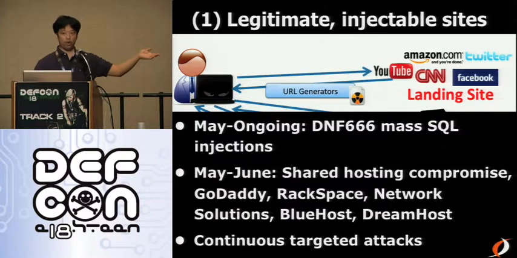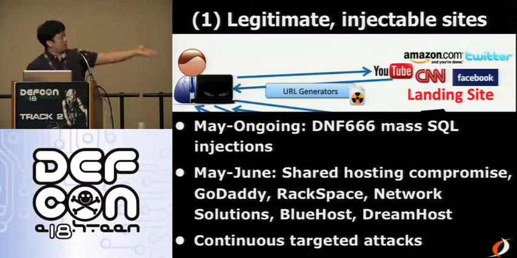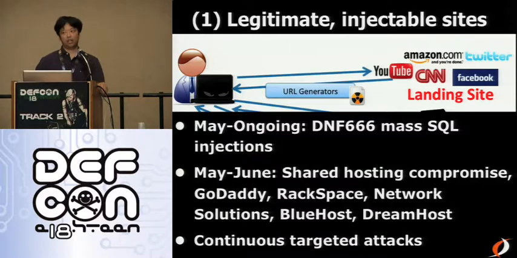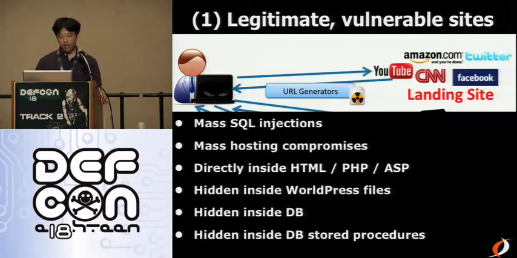But some, after compromise, were serving drive-by downloads. And this is a part of a very typical continuous targeted attack, the same as the Aurora incidents, that basically is a persistent threat. That's a continuous threat.